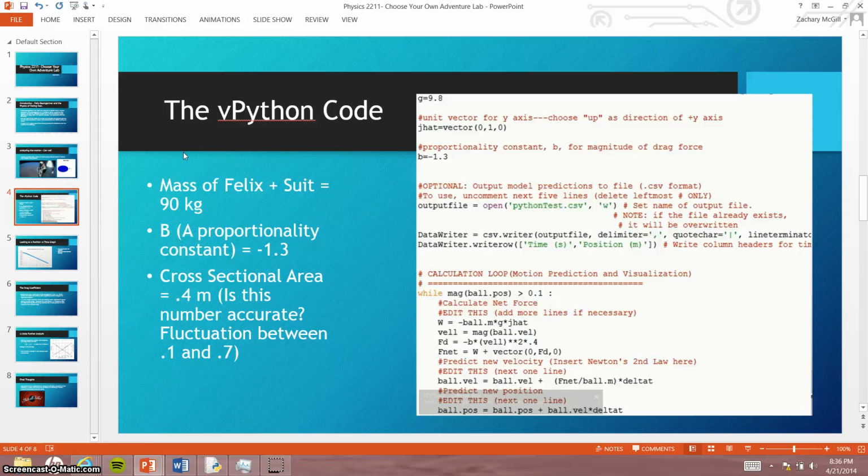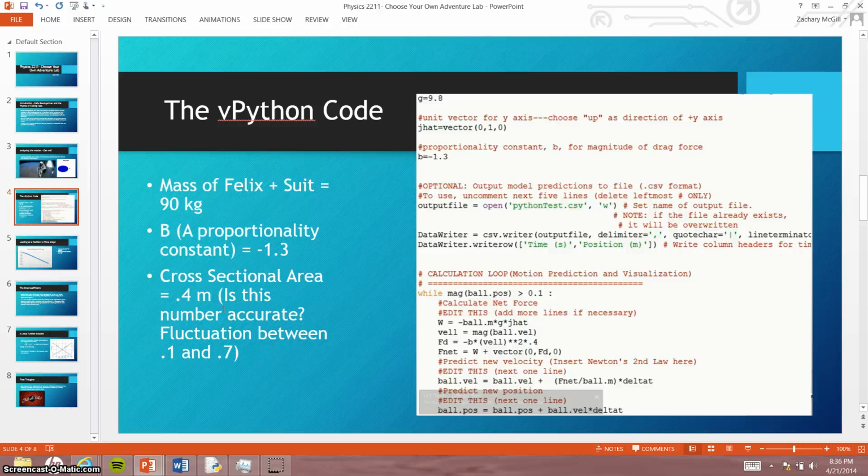So we're going to go ahead and move on to the code. A few initial things that you can't see here. The mass of Felix in his suit is approximately 90 kilograms. The proportionality constant, which we'll get into more, which helps determine the drag force, is negative 1.3. And then the cross-sectional area of Felix that we used for this lab was 0.4 meters squared. One thing that comes up in the lab is whether this number is accurate.